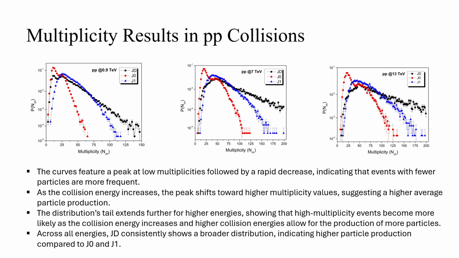Let's take another view to discuss our multiplicity results with the variation of energies. As you can see, we are taking three energies: the minimum energy, 0.9 TeV, the middle energy, 7 TeV, and the max energy of proton-proton collisions yet achieved, 13 TeV, and we check our results with variation in energy.